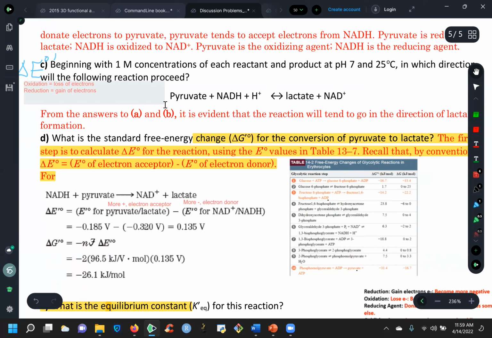So whenever you have redox pairs, you have pairs of molecules where all they did is one molecule gave the other molecule some electrons, and they swap them back and forth. And so they become a redox pair. Okay. And this is where we do math for standard reduction potentials.